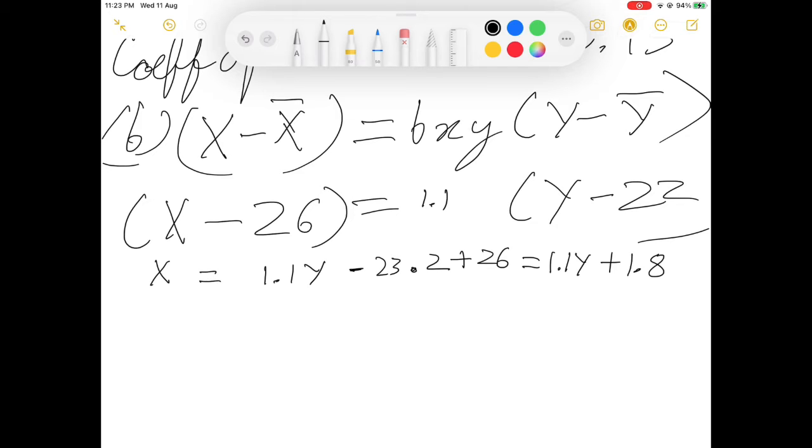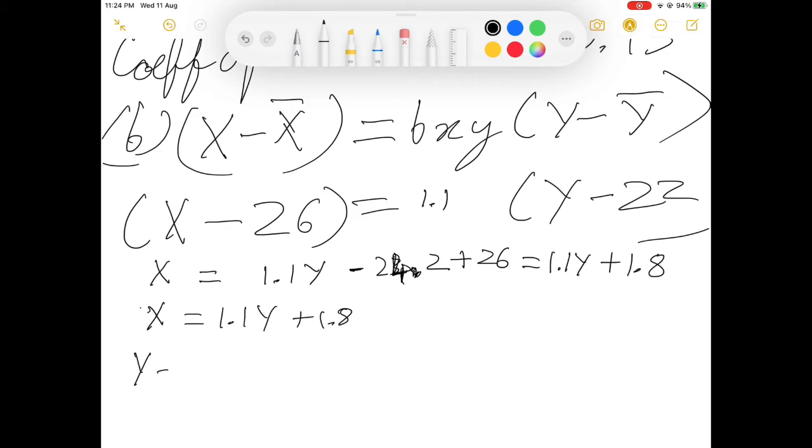Let me check. 22 into 1.1 gives me 24.2, right. So 22 into 1.1, the 2 got carried over, I carried over only 1, my fault. So this becomes 2.8, no, sorry, 1.8, my bad. So x is equal to 1.1 y plus 1.8. This is the x on y regression equation.